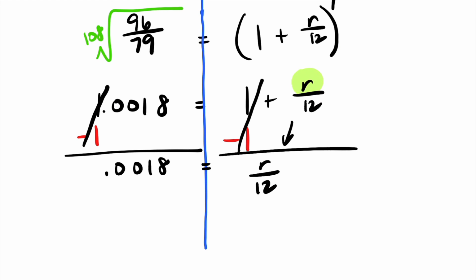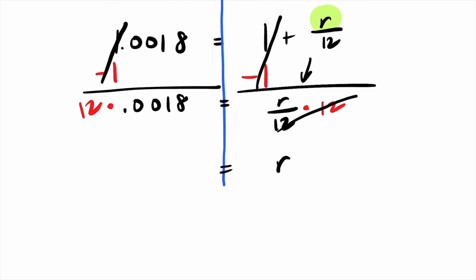How do I get R by itself? Well, it's being divided by 12 right now, right? So what's the opposite of divided by 12? Multiply by 12. Good. That side just makes an R. So now I'm going to go back to my calculator and put 12 times 0.0018. Or if you still have that long number, multiply that number times 12. Even better.